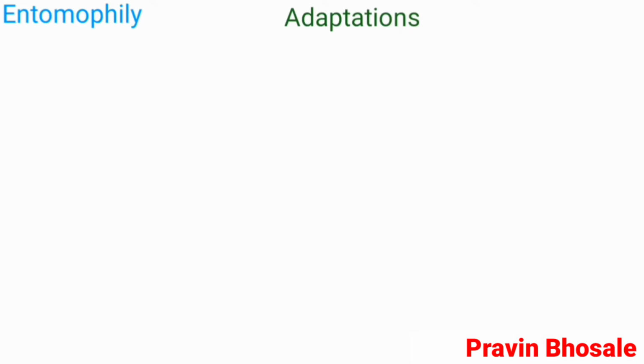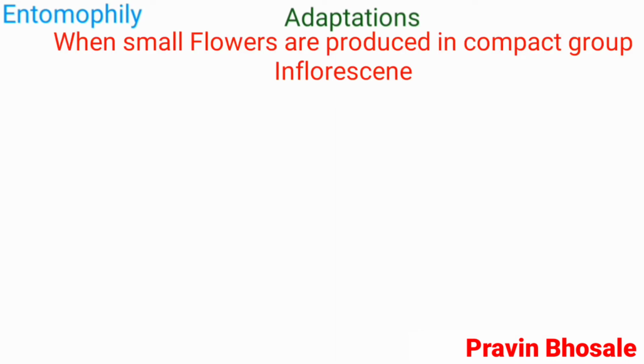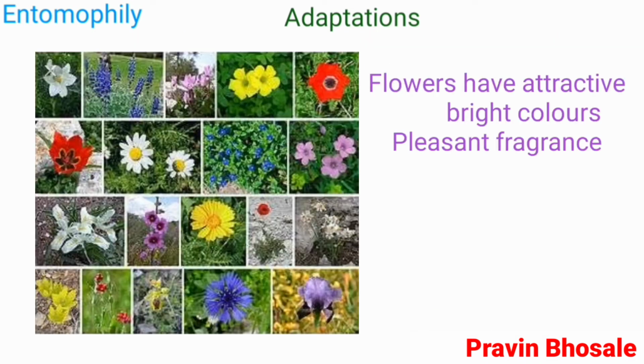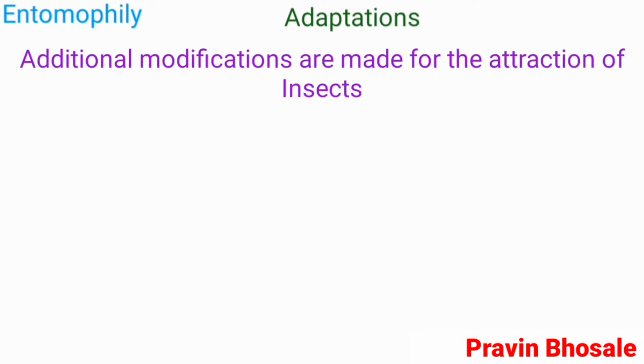Adaptations: entomophilous flowers are large and attractive. When small, flowers are produced in compact groups of inflorescence. Example, sunflower. Flowers have attractive bright color, pleasant fragrance and nectar. In some plants, additional modifications are made for attraction of insects.